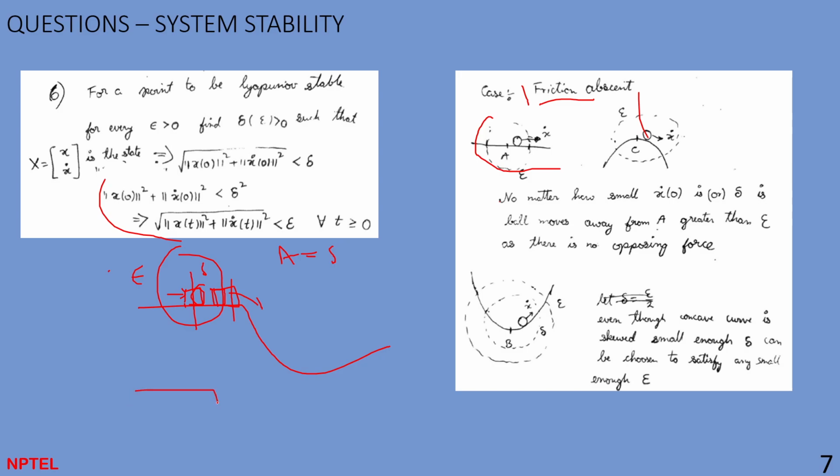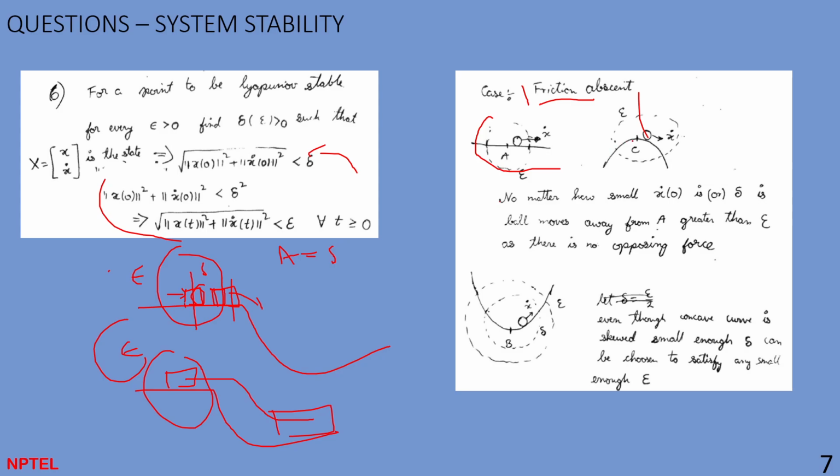But if there is no friction and you give a small push, it will move away from this boundary, beyond epsilon naught, and then it will become unstable. So when friction is present, it is stable, but when friction is absent, it will move outside the boundary of epsilon naught.